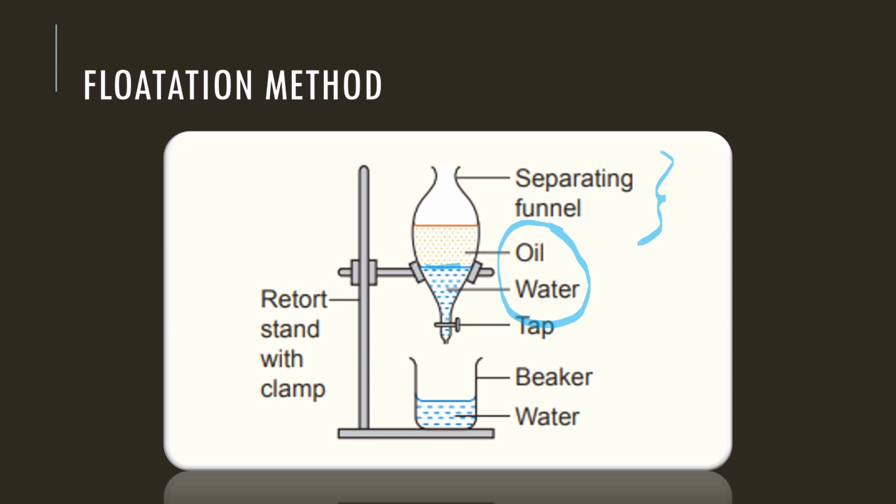When you put the mixture of oil and water into the separating funnel, you leave it for a while. Then when you open the tap, the water will go out first. The water will flow into the beaker, and when all the water has flowed out, you stop the separating funnel. Leave the oil inside the separating funnel.